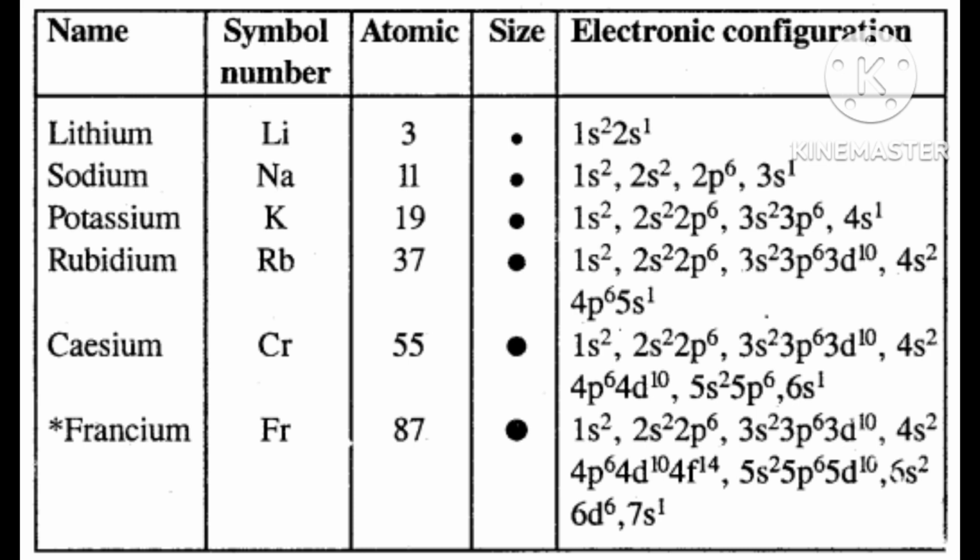The atomic radius of an atom and the radius of an ion, that is called ionic radii, of alkali metals increase on moving down the group. Both the atomic and ionic radii of alkali metals increase, obviously, because atomic number is increasing and size is becoming more.